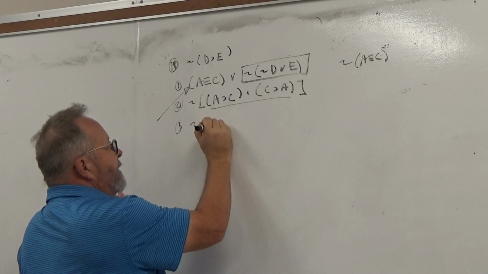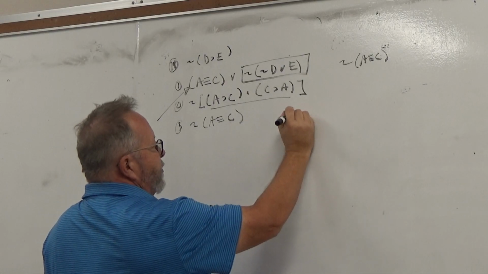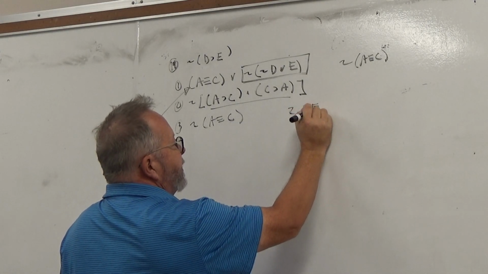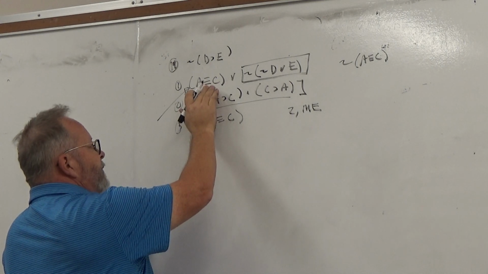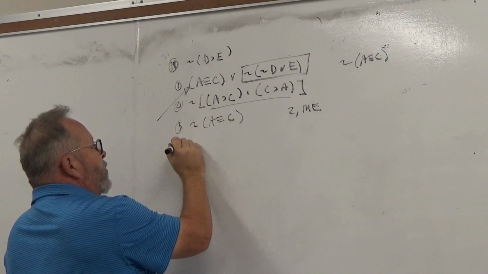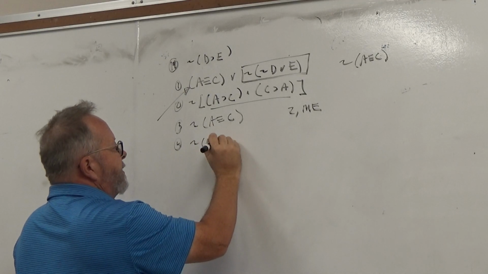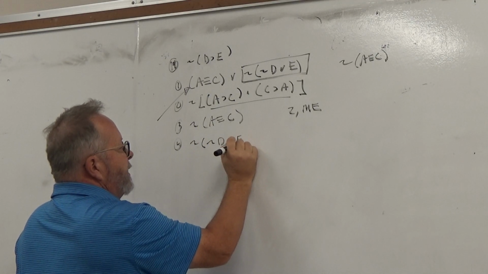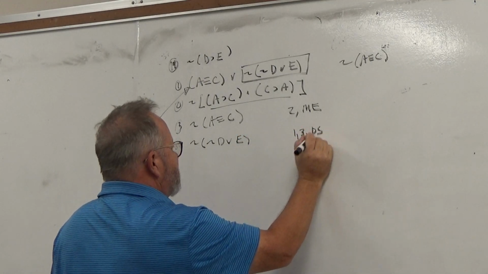So it's not A if and only if C comes from 2 by material equivalence. Okay, now we have the opposite of this first disjunct. So we can do a disjunctive syllogism and get not D or E from 1 and 3 by disjunctive syllogism.